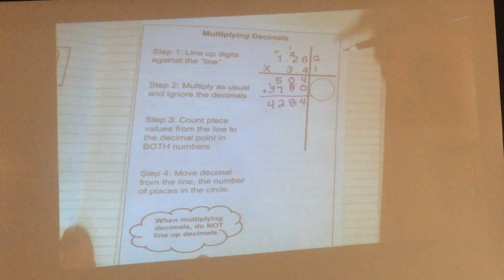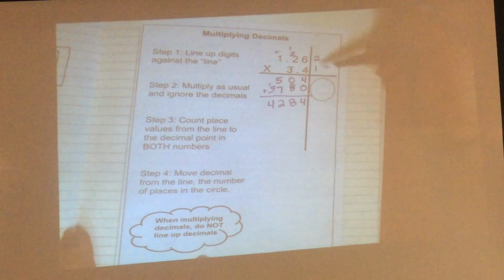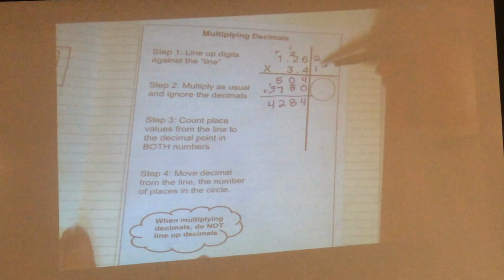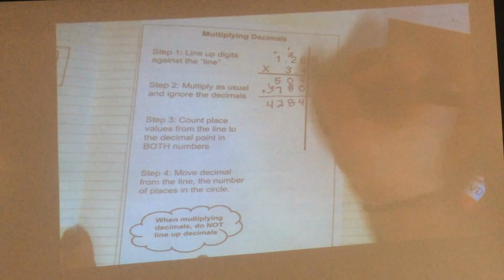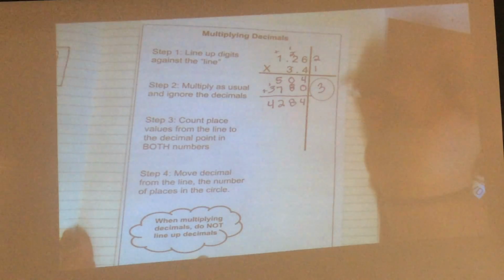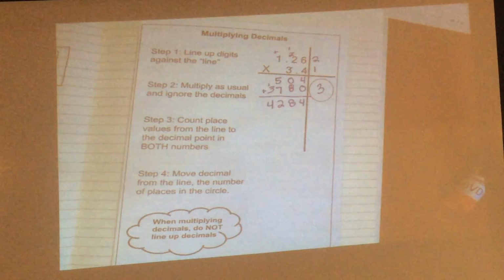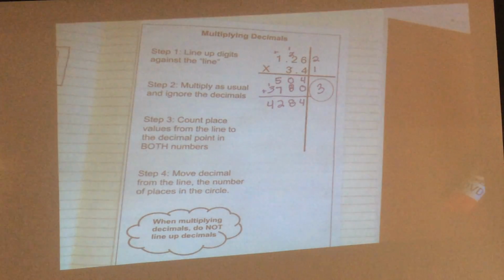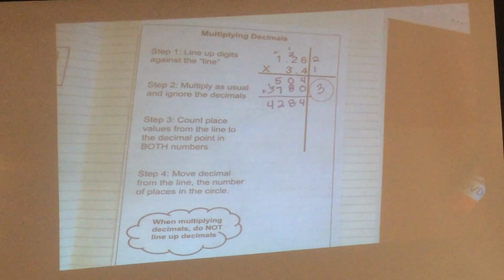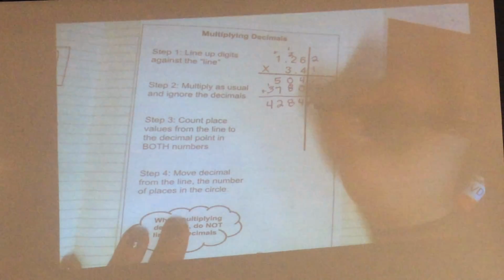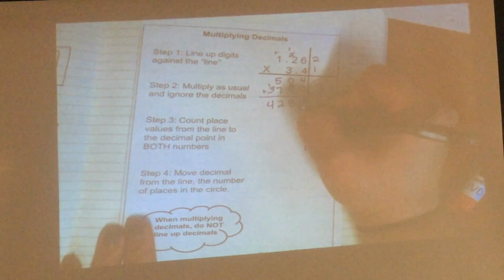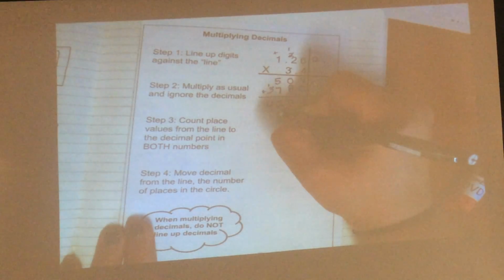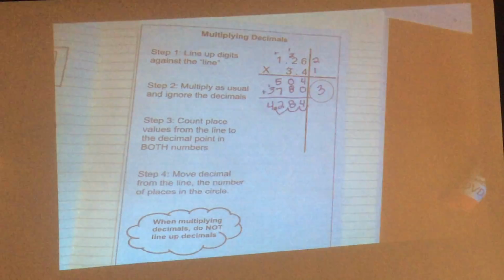Now, I'm going to add up these numbers. 2 and 1 is 3. So now, I'm going to move the decimal from the line the number of places in the circle. I'm going to start right here, and move my decimal place over 1, 2, 3 places.